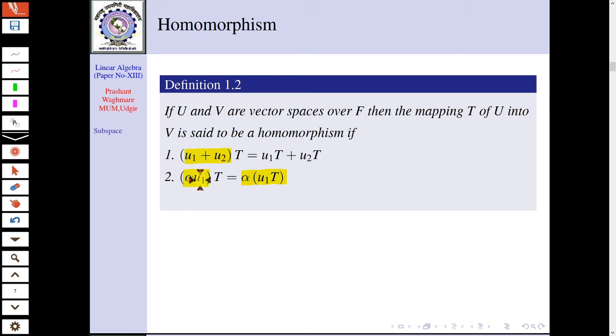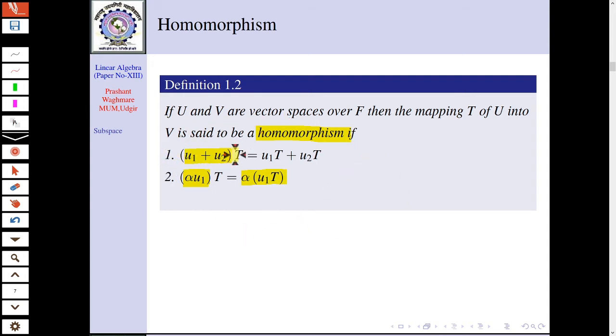We can multiply them and the resultant element will be in the vector space again. So these two operations are there. With respect to these two operations, a mapping which preserves these two operations, that mapping we call a vector space homomorphism or homomorphism of a vector space. So that is there in the definition here.